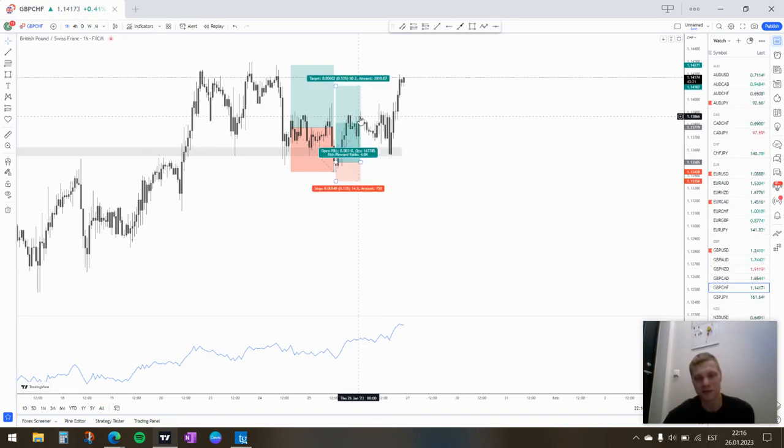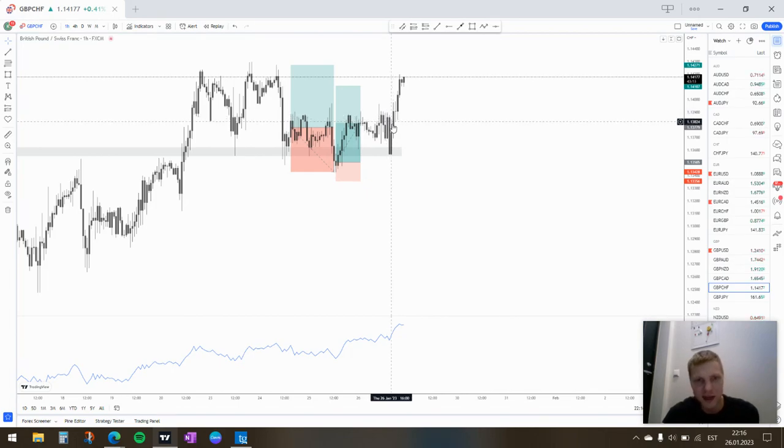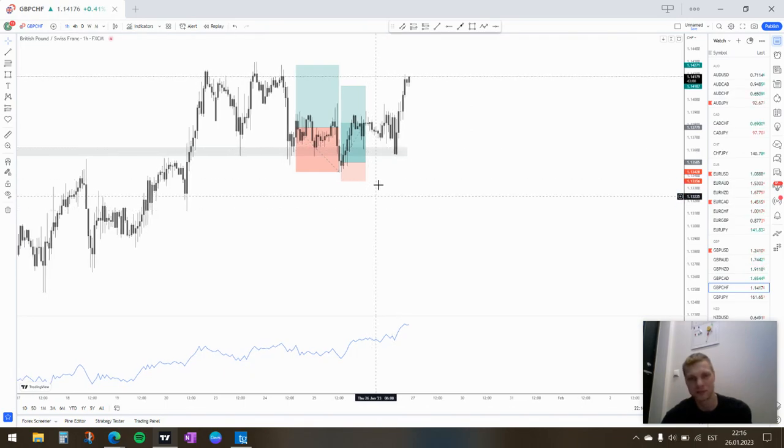Here I would have been out of the drawdown with these two trades, and the whole day until the news hit at 4 or 5:30, I would have been in plus, with the spreads. I'm pretty sure I would have placed my stops to break even. This news hitting here with the spreads, it would have stopped me out.